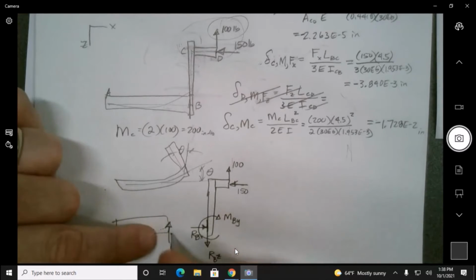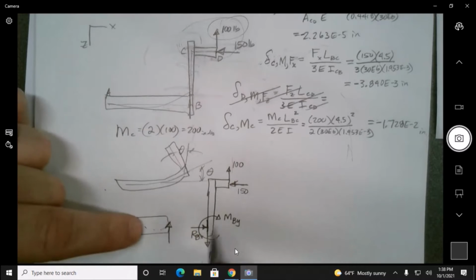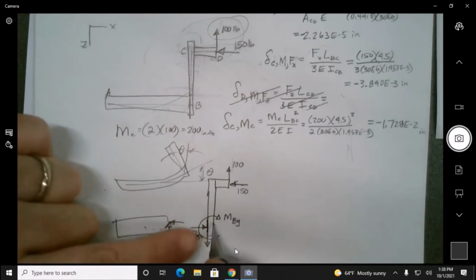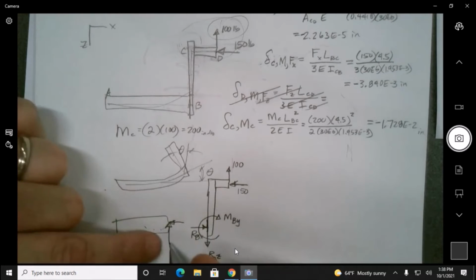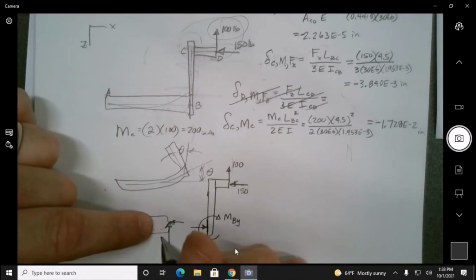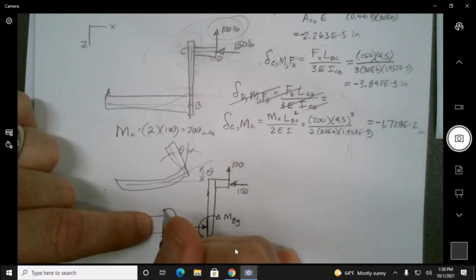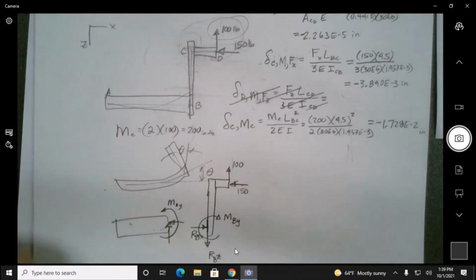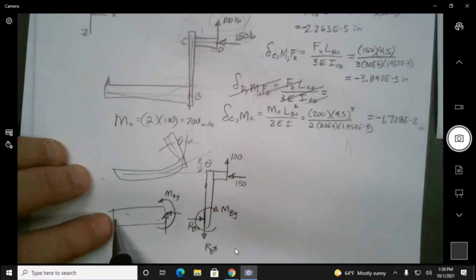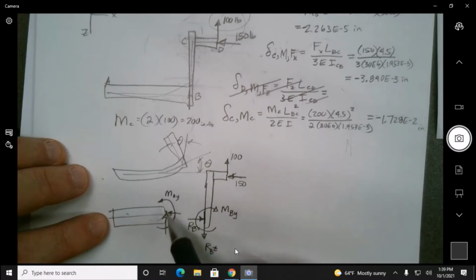So what we're saying here is that if those are the forces and the moment here, then the forces and the moment right here are exactly opposite from it. So this is going to be the moment at B about y. When we go to figure out what the deflection is of this end right here, it's going to be because of two things. It's going to be because of this guy right here, which I know is going to be 100 pounds.